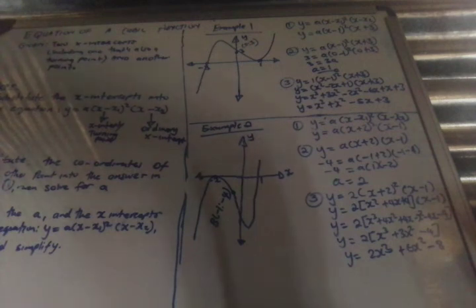From there we'll substitute the x-intercepts and the value of a into the original equation, and we'll end up with an answer of y equals 2x cubed plus 6x minus 8.